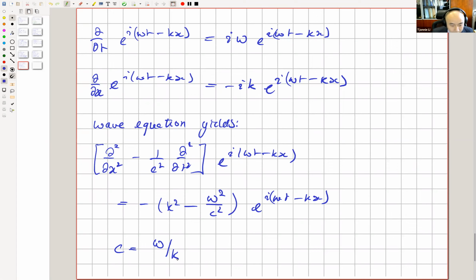So we now have the so-called dispersion relationship for electromagnetic waves: omega equals ck. And if you remember from your past courses, omega, the wave frequency, as a function of k is the so-called dispersion relation.